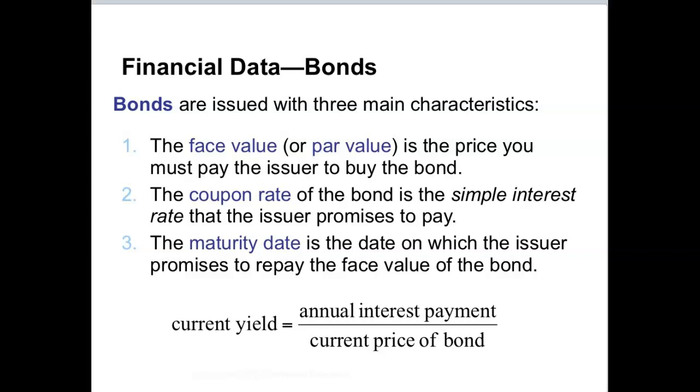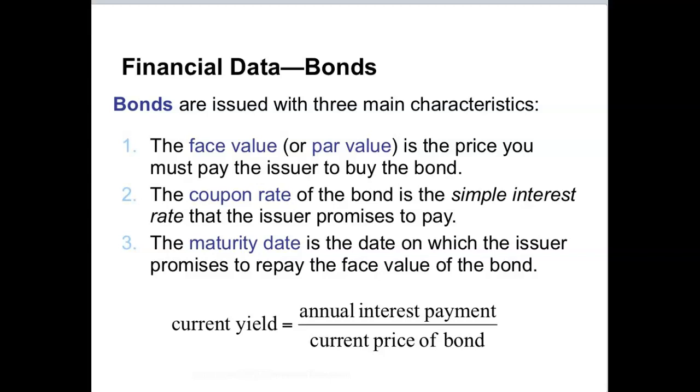Now, the thing about a bond is you're basically making a contract with the bank or the government saying, here, you can have my cash, you have to pay me back, and you have to pay me back by this date. So that's the maturity date of the bond. And that's basically when you can take that cash out.